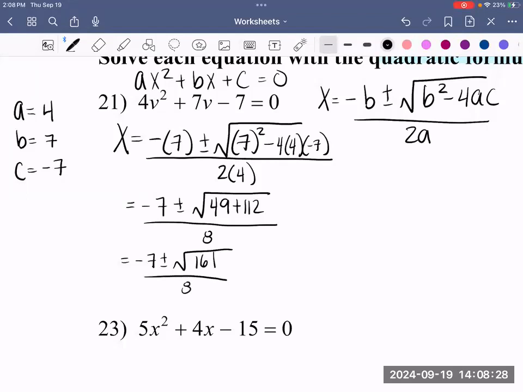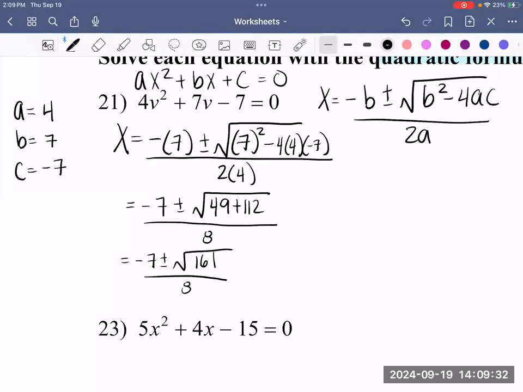Now 161 is not a perfect square, but we can figure out, can it reduce any further? With it being a rather large number, perhaps there might be something in it. It being odd, 2 won't work, 4, 16, that won't work.